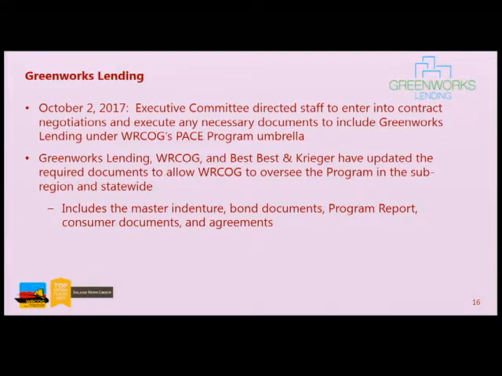Since October, Greenworks and WRCOG, as well as legal counsel, have worked together to update all the required documents to allow for WRCOG to oversee their program. Today, staff is bringing forward Resolution Number 02-18, which would authorize Greenworks Lending to administer and finance authorized improvements to be installed on commercial properties, as well as approving the associated program reports, handbooks, assessment contracts, and various agreements.